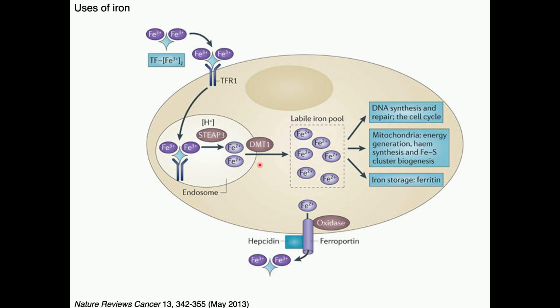And some cells, particularly macrophages and hepatocytes, and for different purposes, will efflux excess iron, and that really recapitulates the efflux of iron from a duodenal gut epithelial cell, where you get the ferroportin exporting the 2+ iron, and then the same enzymatic function as hepcidin in a gut epithelial cell, but by a different enzyme called ceruloplasmin, will convert it to the +3 form, and then it binds to transferrin and does its thing. Okay.